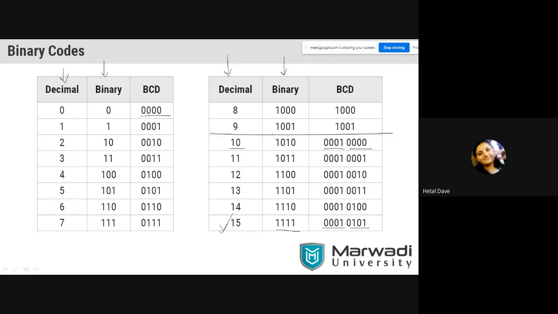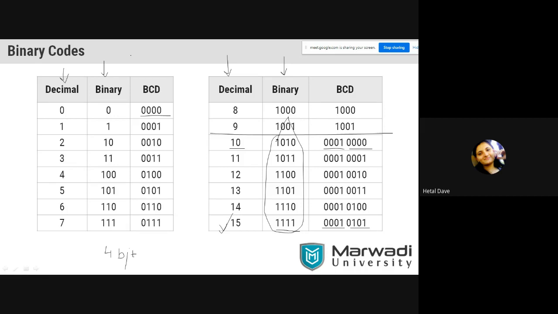So here, what is the observation? Although BCD is a 4-bit code, can anyone tell me how many combinations of 4 bits can occur? If 2 bits, let's say we are taking a simple example, then the total combinations are 4: 00, 01, 10, 11.